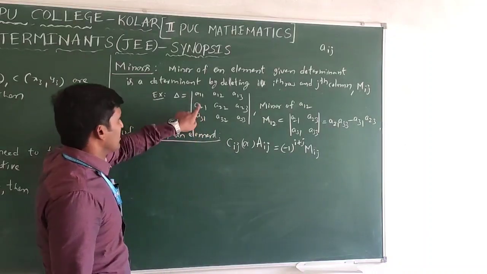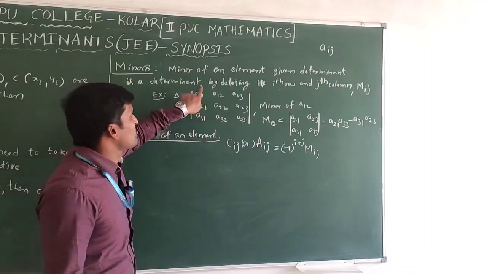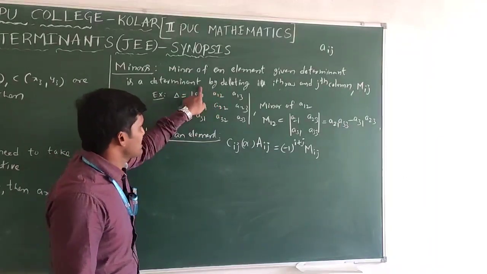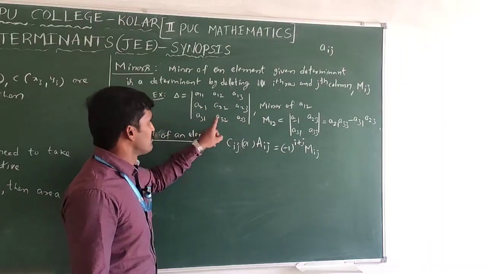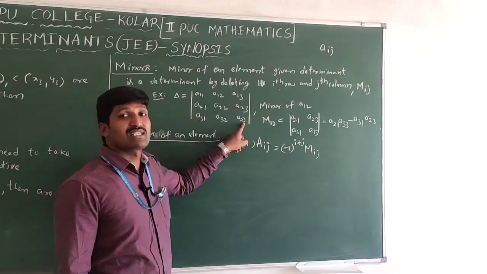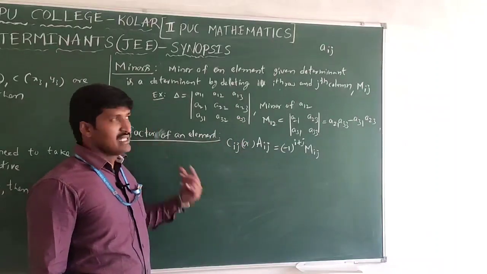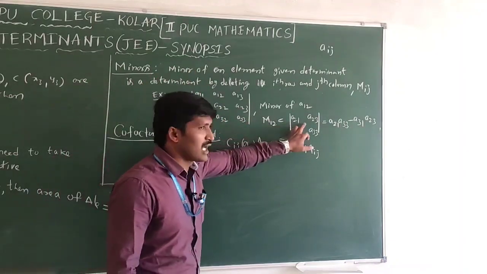How to get? Very simple. A11, 1 plus 1 is 2, even. Even means what sign you get here? Plus. Here 1 plus 2, odd, that's why minus. Plus, minus, plus. Minus, plus, minus. Plus, minus, plus. Those are the signs for each element to find the cofactor of an element. The difference between minor and cofactor is that minor is just by deleting its row and column only.